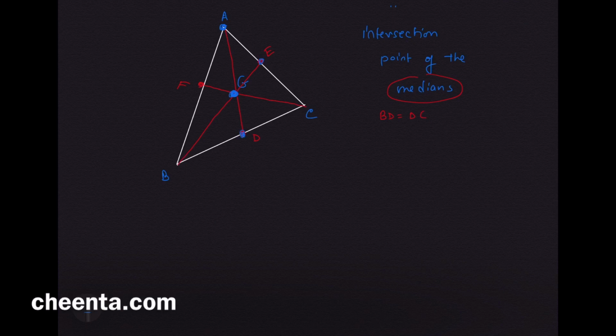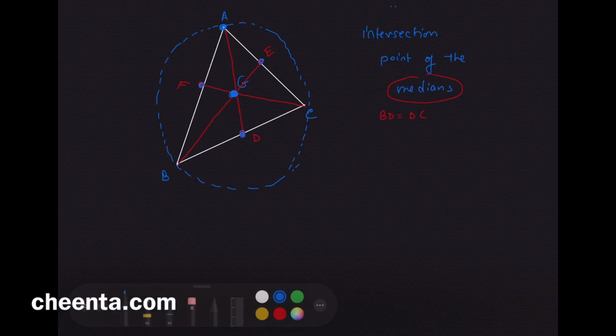Now what we want to do is draw a circle. Let's draw it like this, the circumcircle of ABC, and we want to produce the median AD to meet the circumcircle at A1. We want to produce BE to meet it at B1, and let's produce CF to meet it at C1.